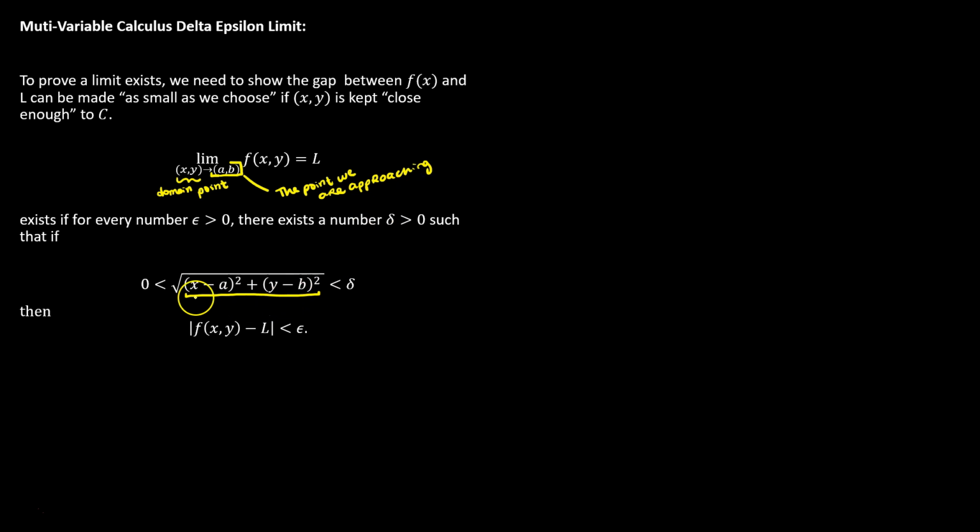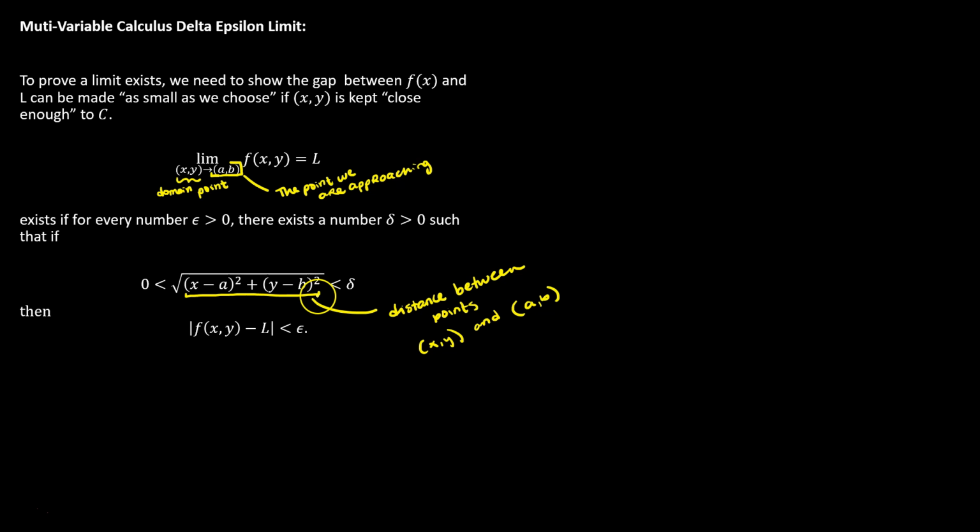So again, we're trying to show that the distance between the domain point, notice the x and the y here, and the point we're approaching, notice the A and the B, we're looking at the distance between those 2 points. And we're saying that we want to make that distance between those 2 points very small.